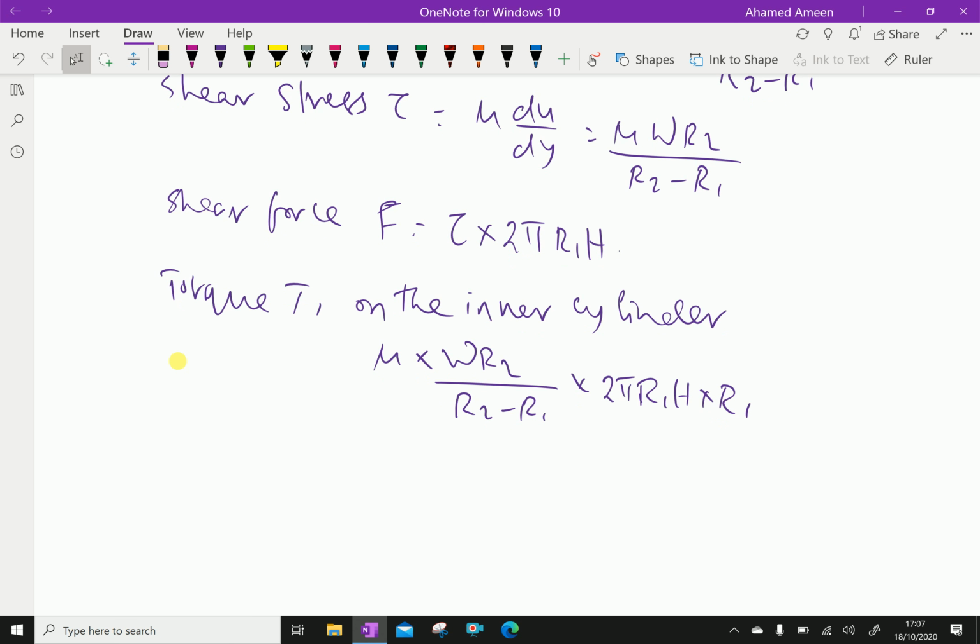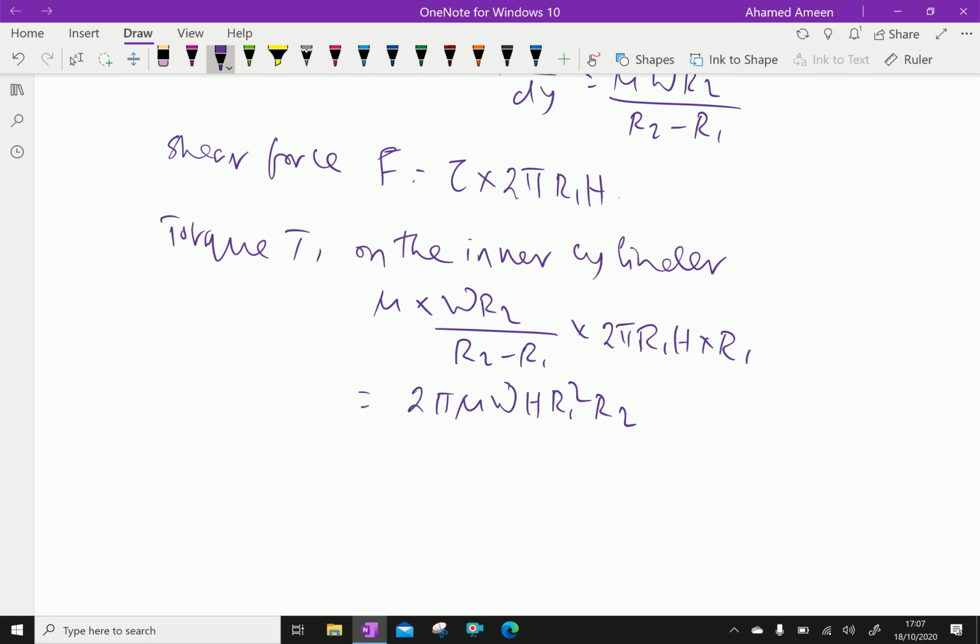So it equals 2 pi mu omega H R1 squared R2 over R2 minus R1.